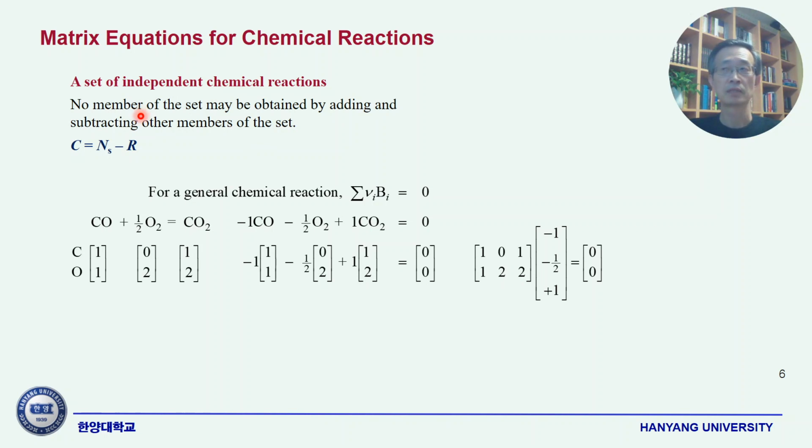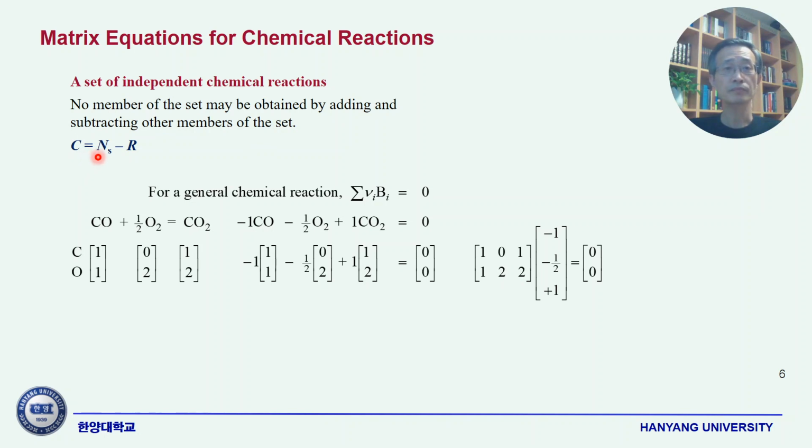It means that if there is a series of reactions, and two or more other reactions could represent a reaction, then that is not independent. So no member of the set of chemical reactions may be obtained by adding and subtracting other members of the set. That is an independent chemical equation set.